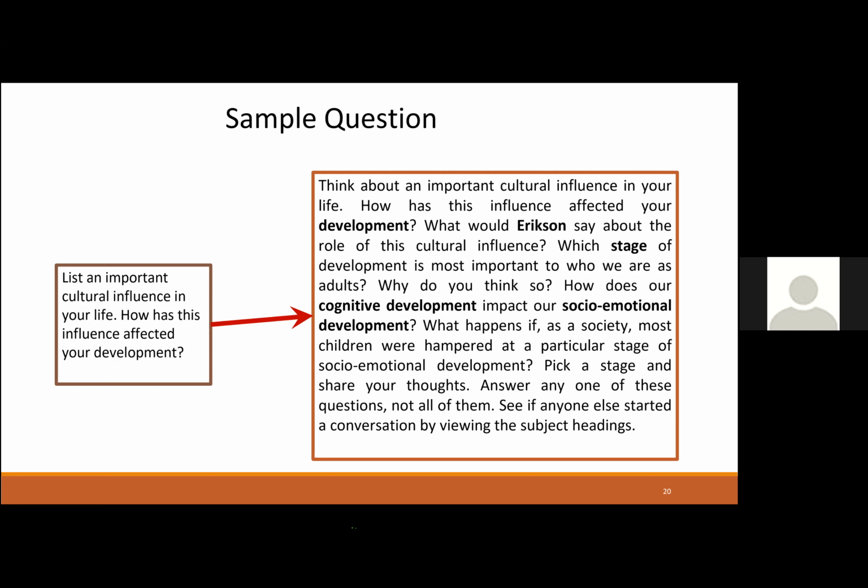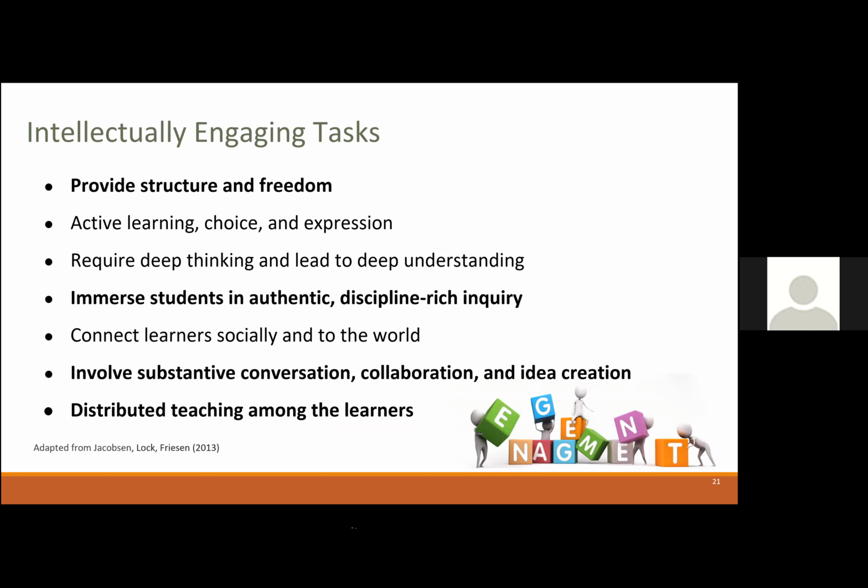This leads to some really interesting discussions, or it could, but with the current structure of post and reply discussions, most students don't feel like they have a choice in their learning, and they don't have really substantive conversations. There's no distributed teaching among learners, and they feel very little freedom.